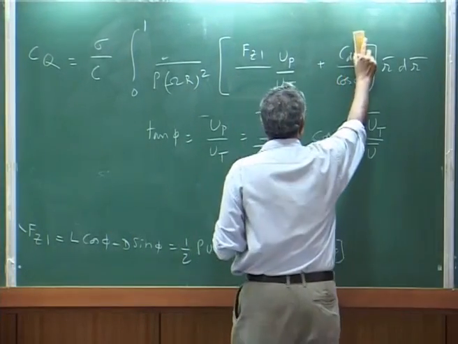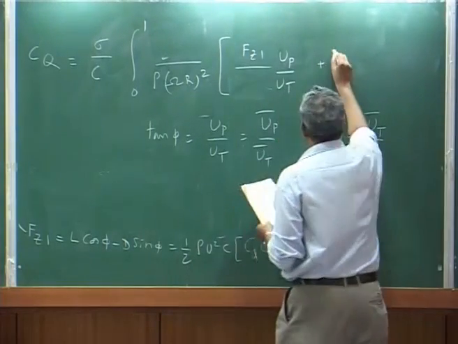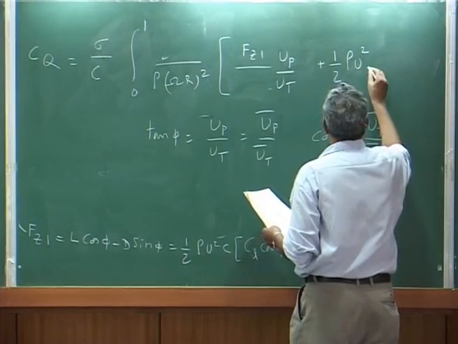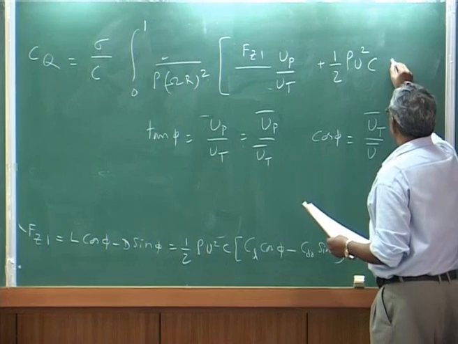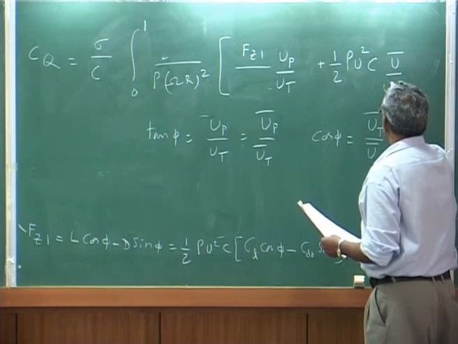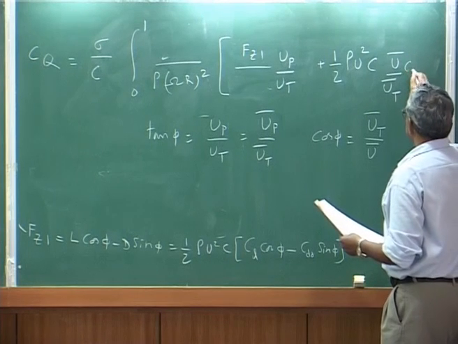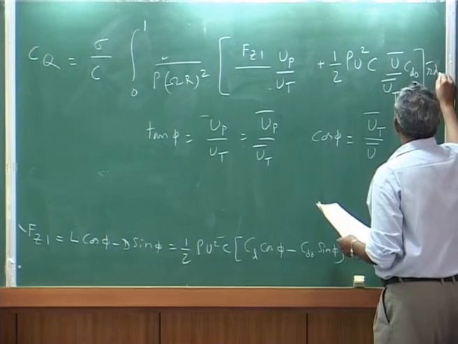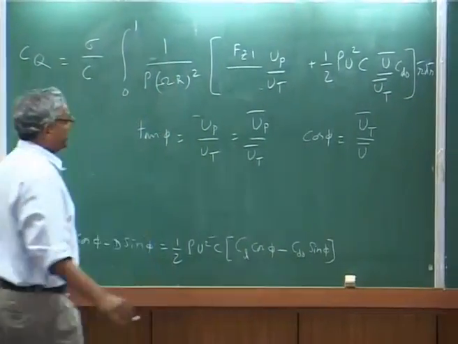And then here this will become half rho u square C, right, and U bar over U_T bar C_D0 r bar dr bar, okay.